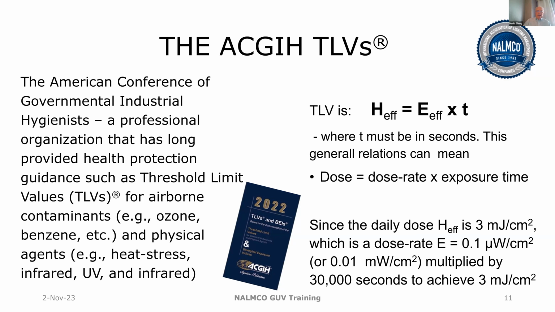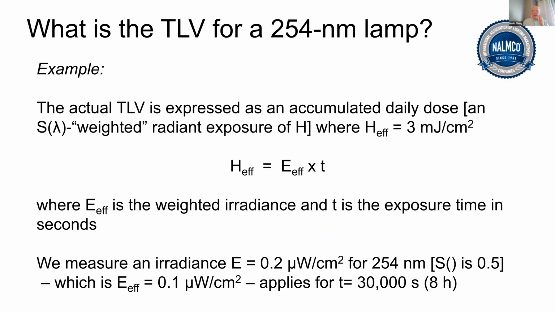That means if you have an effective irradiance of 0.1 microwatt per square centimeter, in 30,000 seconds, it's going to achieve 3 millijoules per square centimeter for continuous irradiation. But nobody is really exposed to the same level constantly. And that's why we have to consider a time weighting of the exposure.